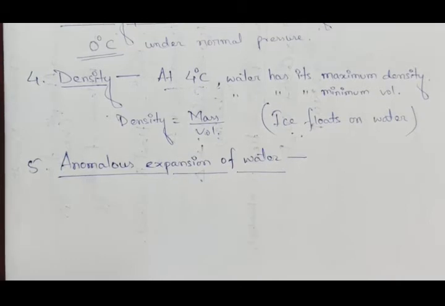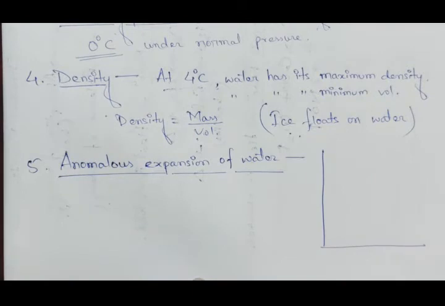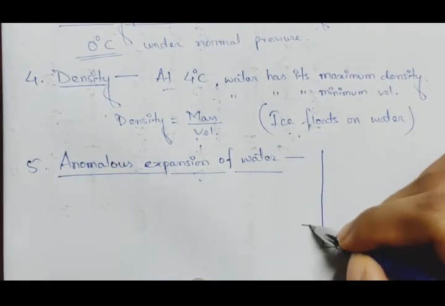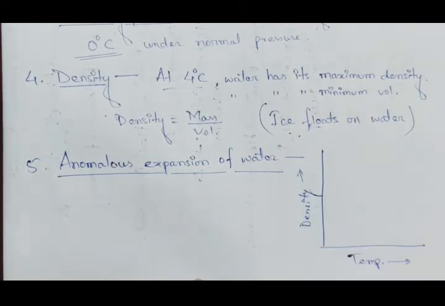Okay, so if we plot the graph of density versus temperature, suppose this is temperature and this one is density of water. This is the 0 degree Celsius temperature.